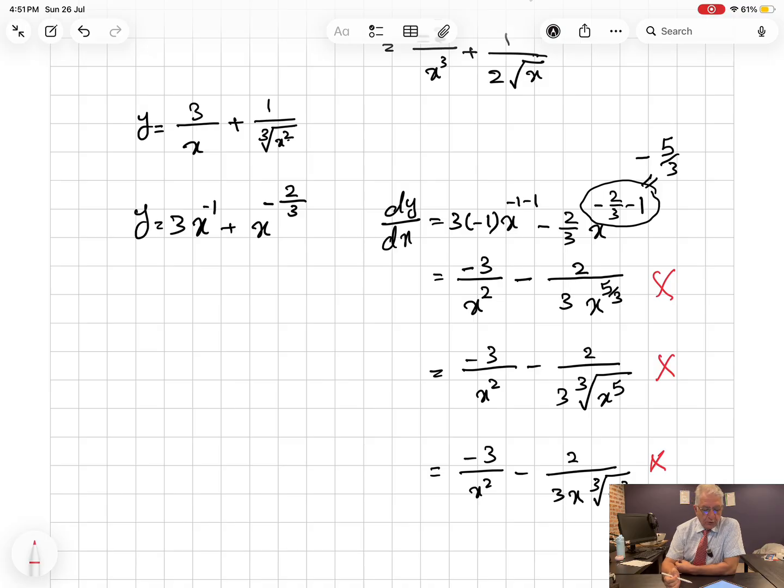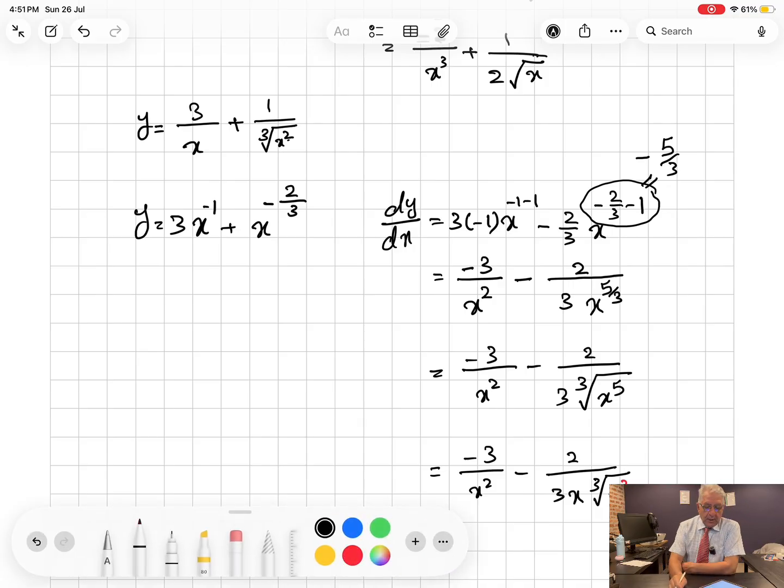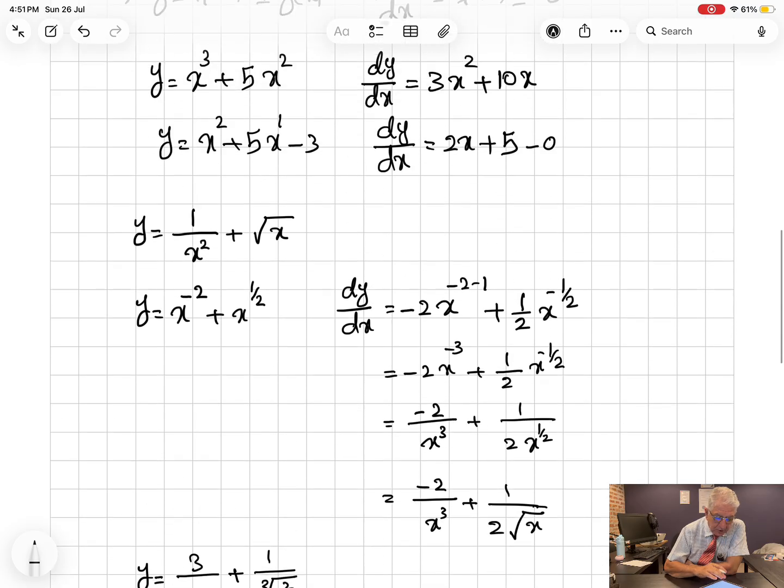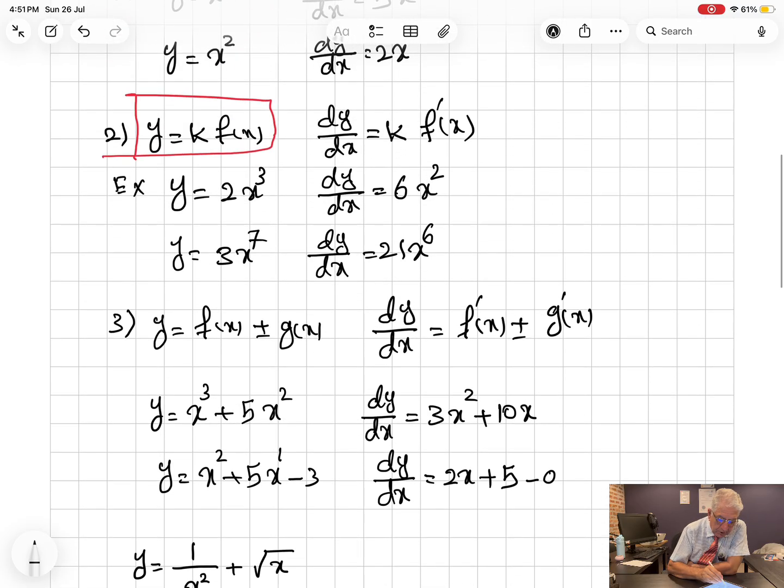Therefore, you are writing in a different format. That depends on how much you want to simplify your answer, nothing to do with calculus. So, you understood the rules. Till now, we have actually given 3 different rules here.